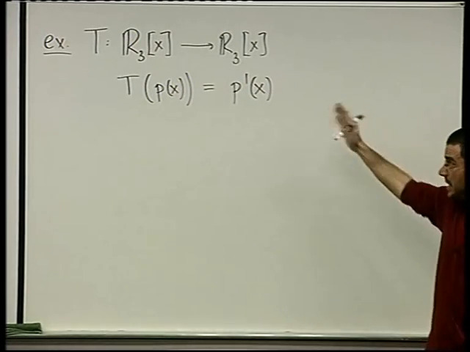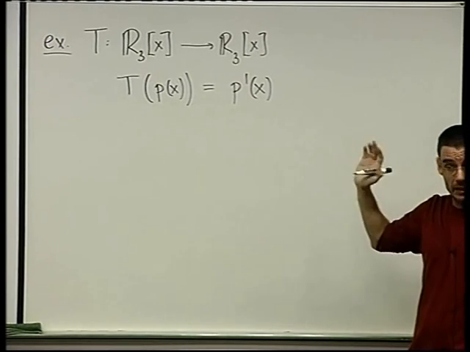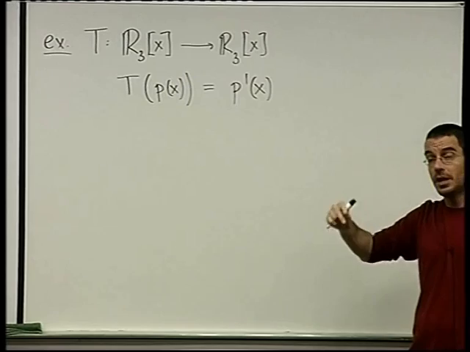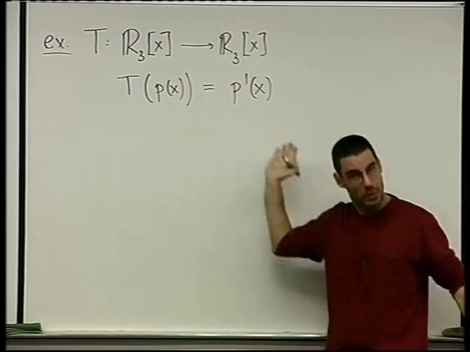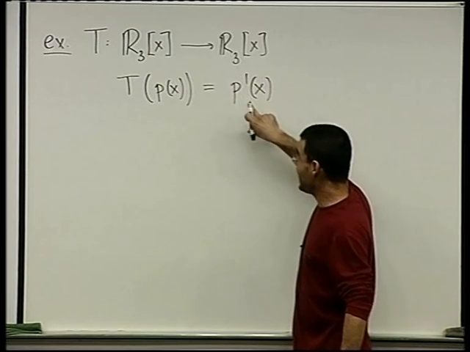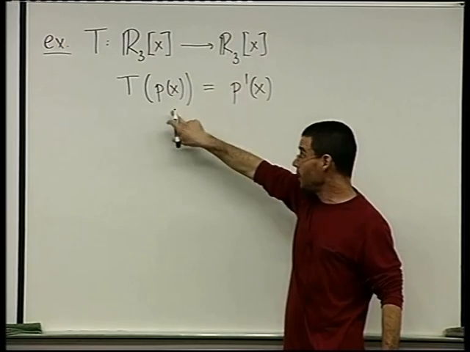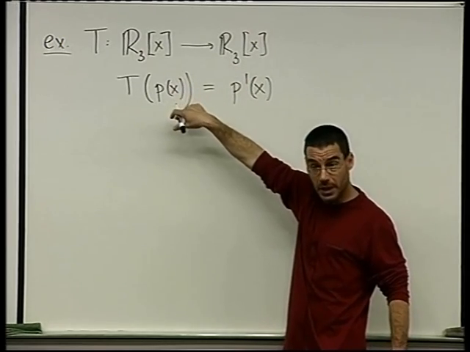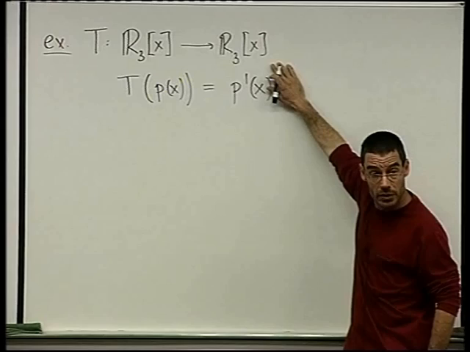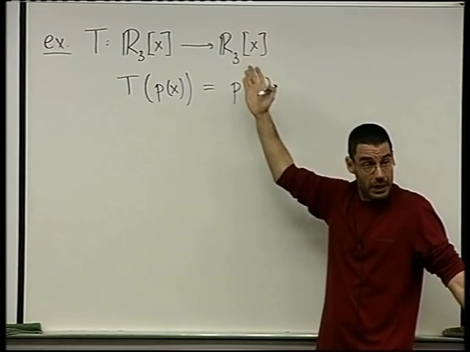Okay? We met this specific example before. We showed that it's in fact a linear transformation, that the sum of the derivatives is the derivative of the sum. Remember that? Okay? We know that the image is in fact in R2, right? Derivatives of polynomials of degree less than or equal to 3 are always of degree less than or equal to 2, but in particular they live in R3, right?